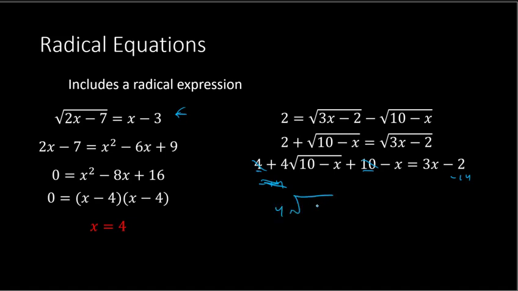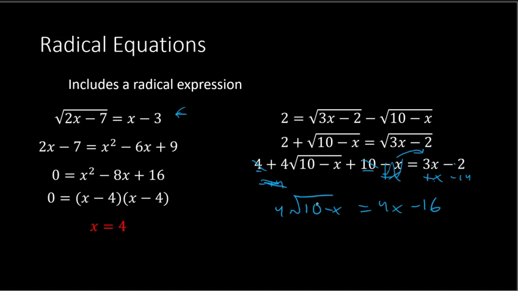So what you have now would be the 4 times the square root of 10 minus x, and then minus x here. Actually, let's bring the x over as well. So we add x to both sides to bring it over. So we have that equals 3x plus x is 4x, and negative 2 minus 14 is negative 16.